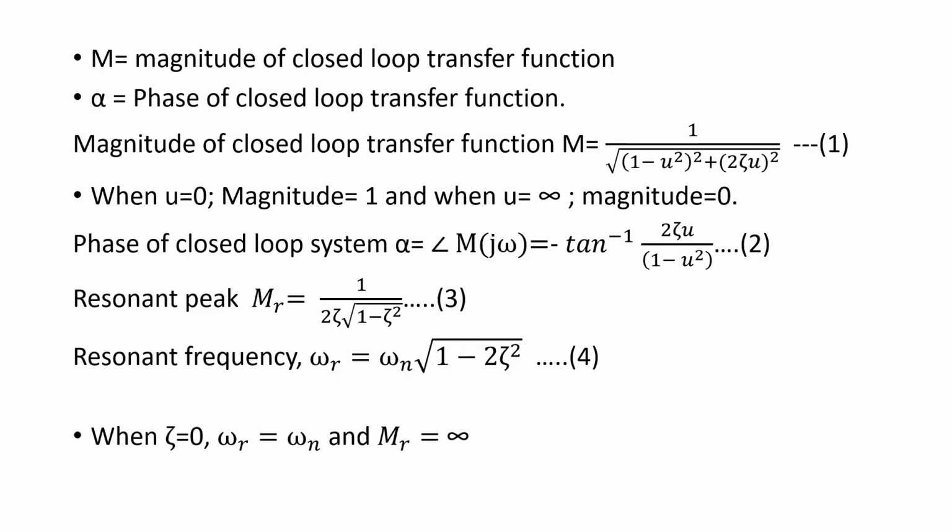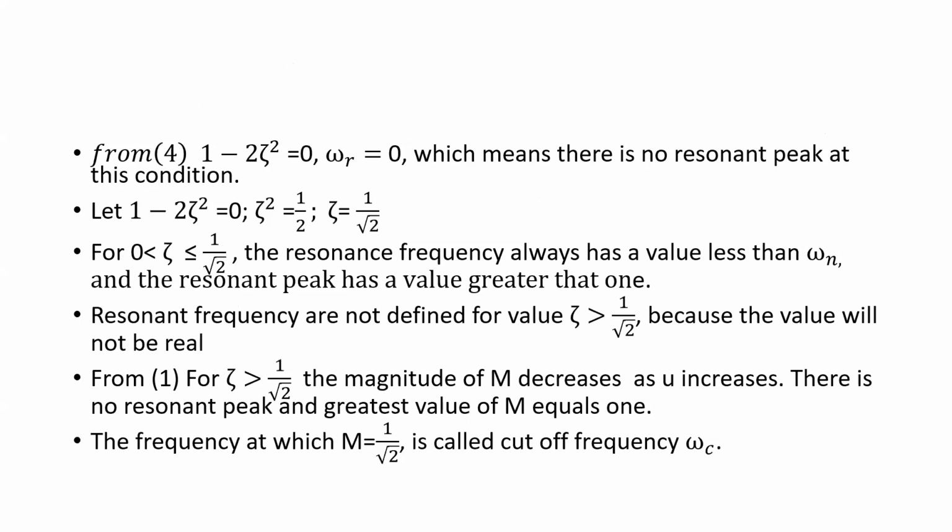When it is 0, 2 zeta whole square is 0. So omega r is nothing but omega n, and the resonant peak will be equal to infinity. It will be very high, maximum. Resonant frequency is the natural frequency; at that peak, it will have maximum energy.